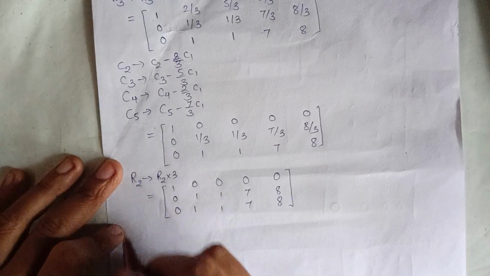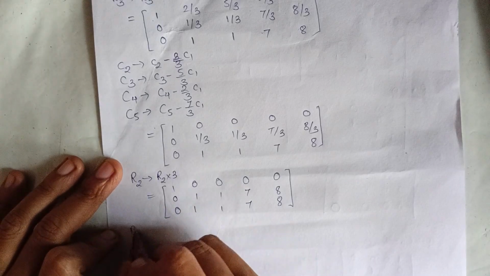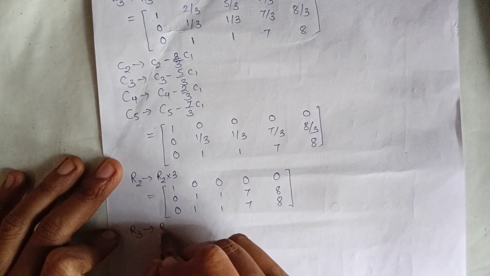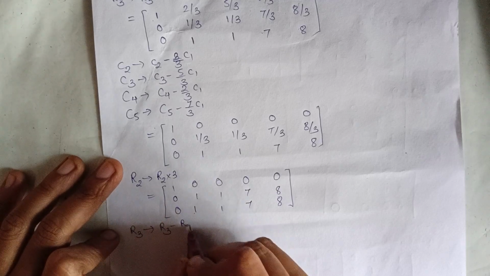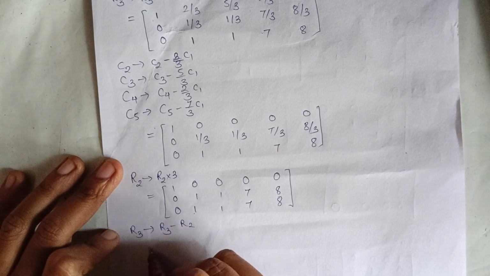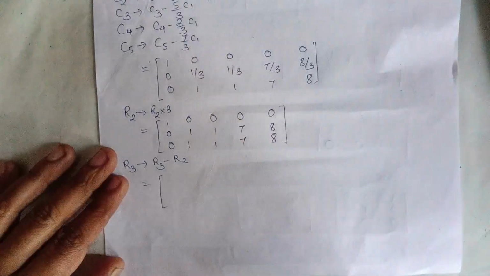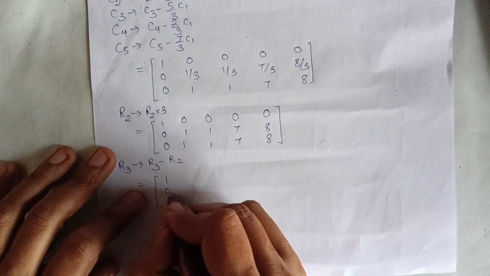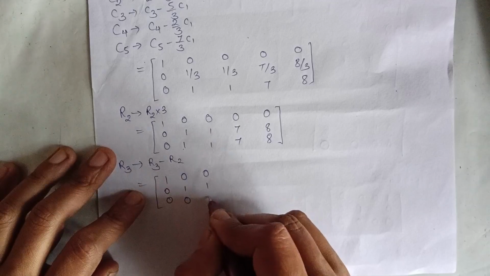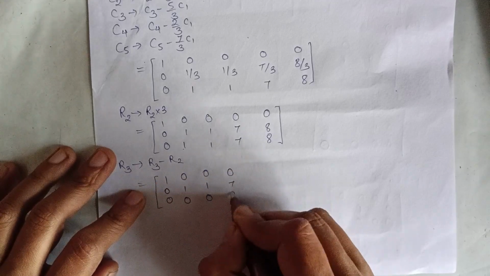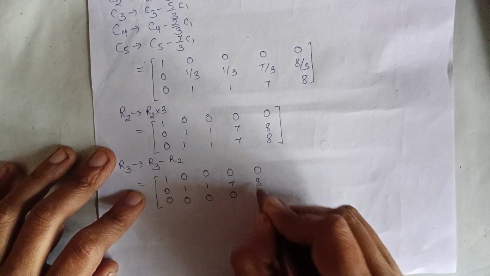Now we have to make this as 0, so this is R3 minus R2. 0 1 0 0 1 0 0 7 0 0 8 0.